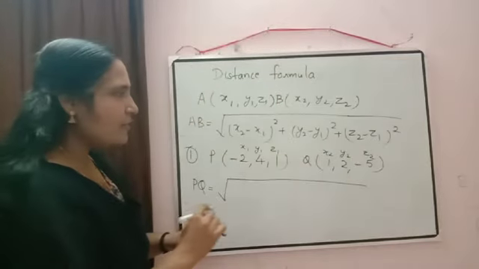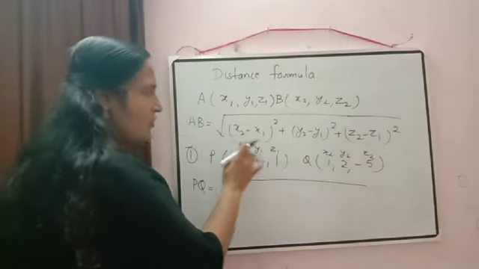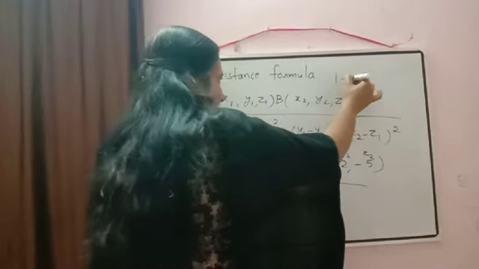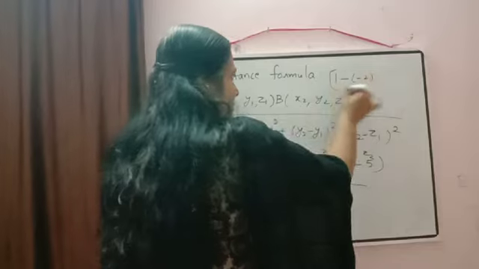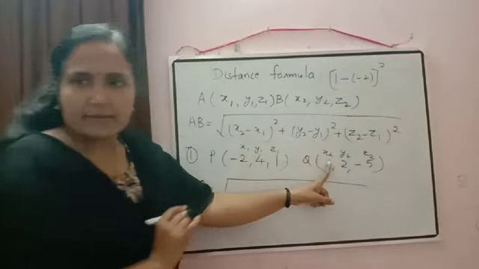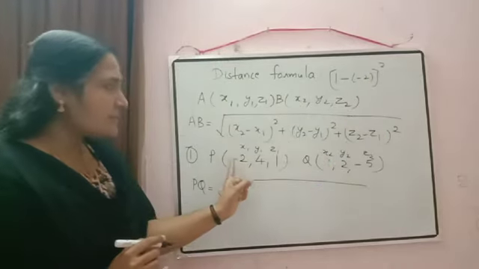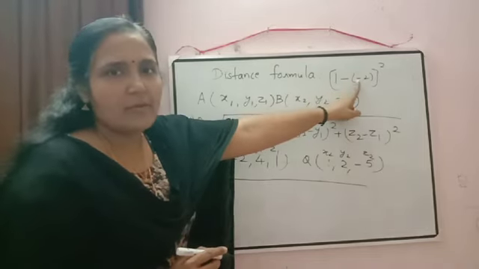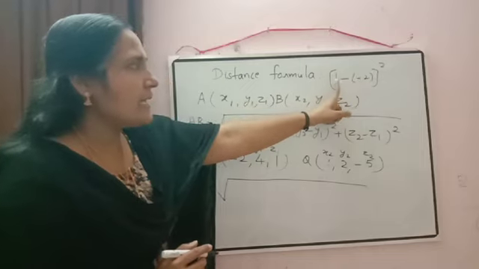Now according to the formula, it is x2 minus x1, so it will come in this way: 1 minus (-2) the whole square. Minus into minus will be equal to plus. So what will we get here?